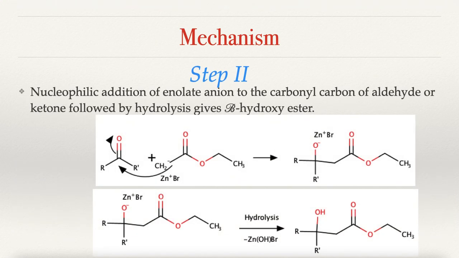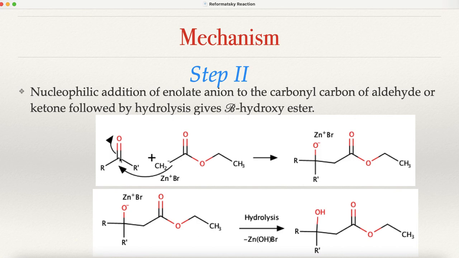In the second step, nucleophilic addition of the carbanion to the carbonyl carbon of the aldehyde leads to the formation of this compound. The carbanion, which is formed from the alpha bromoester, adds to the carbonyl carbon of aldehydes and ketones.